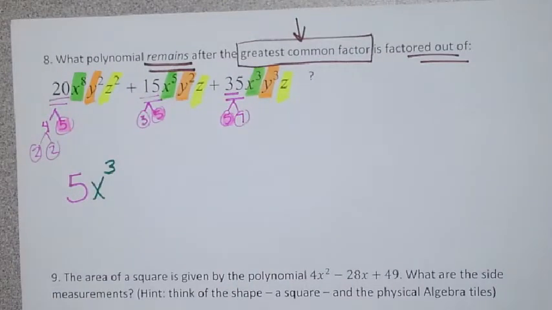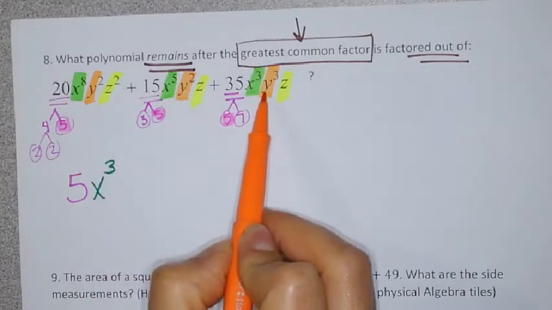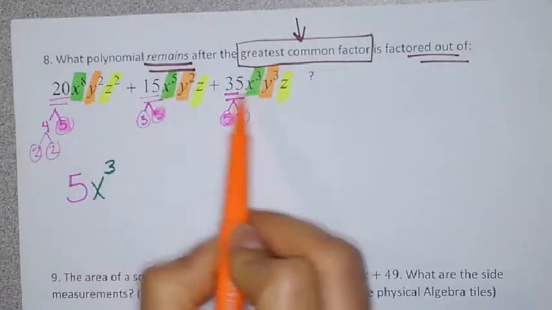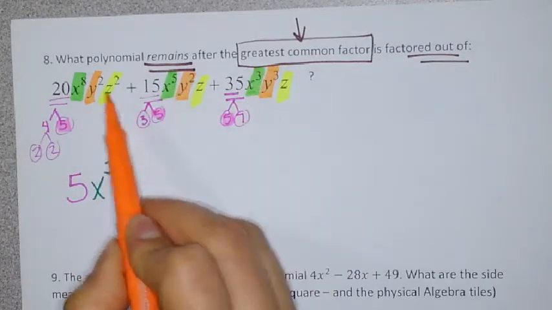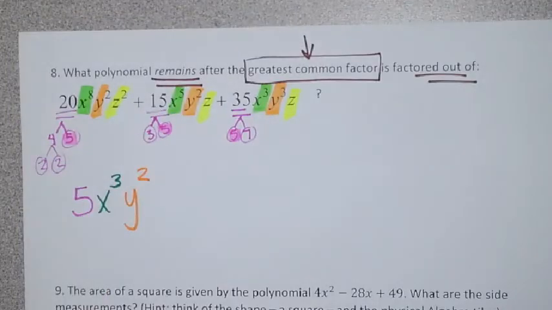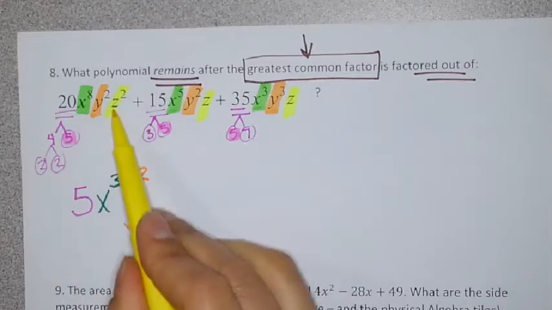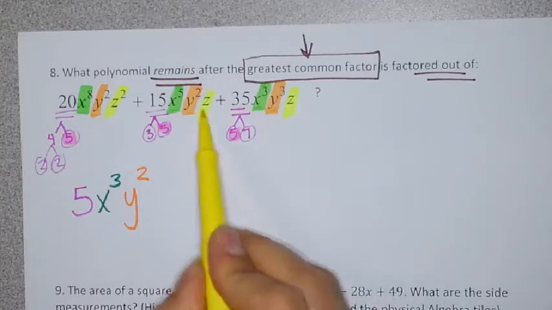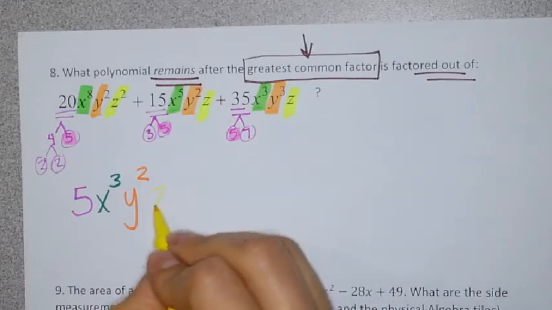I'll do the same thing with the y's. The y's have y squared, and y to the 3rd. So the most I can take out would be y squared, because this one won't have enough for 3 y's, and this one either. And then for z, I have z squared, z, and z. So the most I can take out, these are the least powers, would be z.